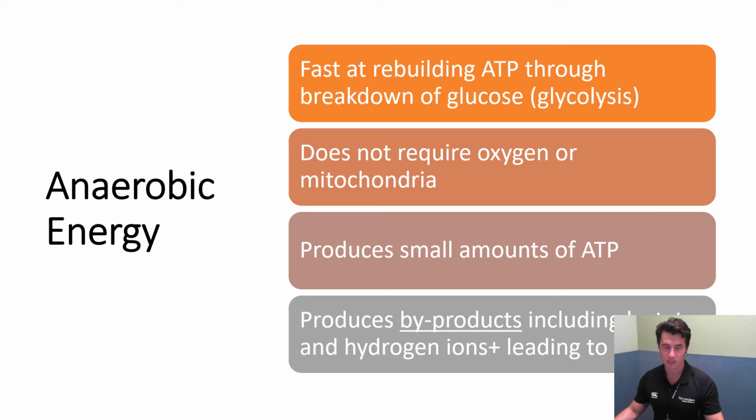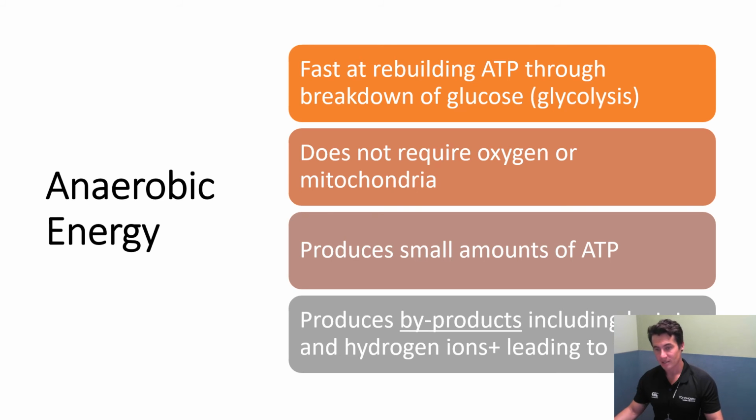Anaerobic energy, so without oxygen, is fast at rebuilding ATP through the breakdown of glucose, and this process is called glycolysis, and understanding glycolysis is really important. It does not require oxygen, and it does not require the organelle mitochondria, which we've learnt about in terms of building lots of ATP. This anaerobic energy system produces small amounts of ATP, and it does also produce byproducts including lactate and hydrogen ions, which lead to fatigue.